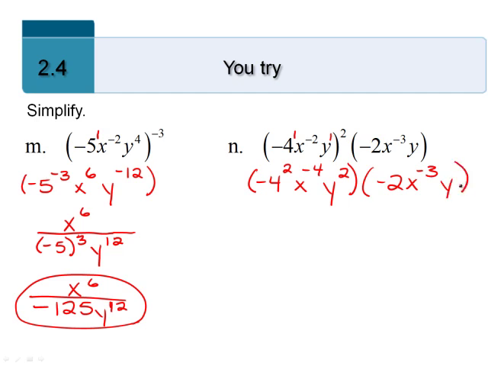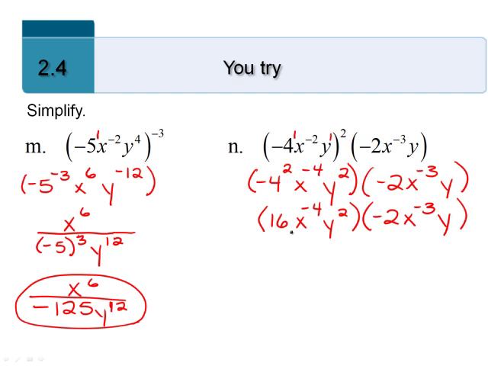Just bring that down. Okay, so before we can do any multiplication here, we need to work out the exponent on the negative 4. So negative 4 squared, that's a positive exponent, is just going to be positive 16. Negative 4 times negative 4. Bring down the variables, x to the negative 4, y squared, and negative 2, x to the negative 3, and y. Okay, so what we have left is multiplication.